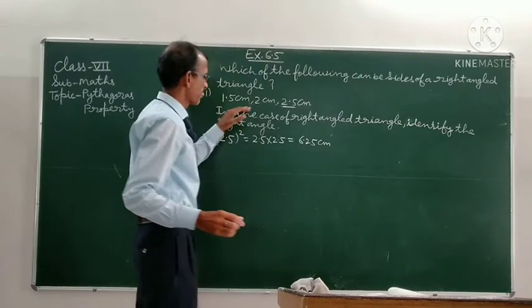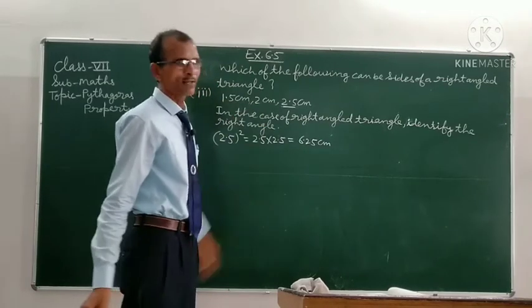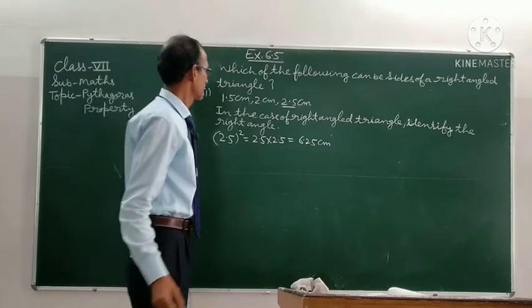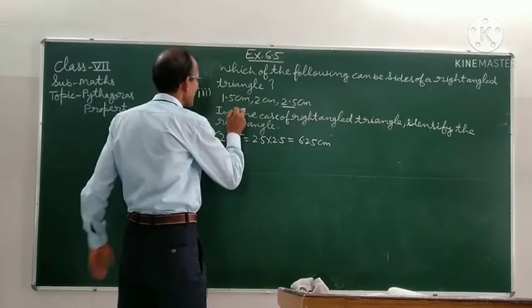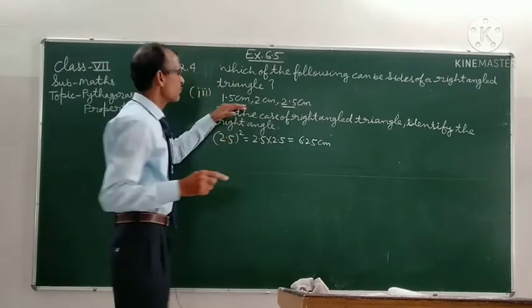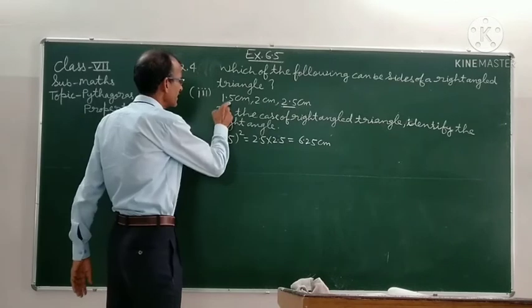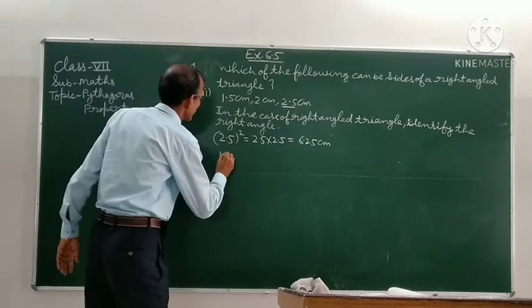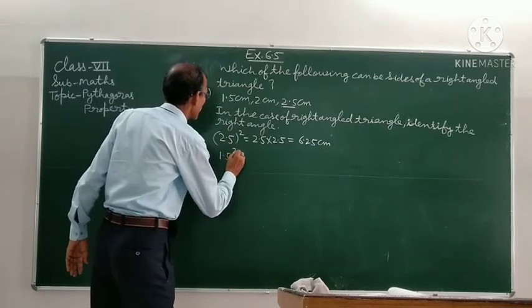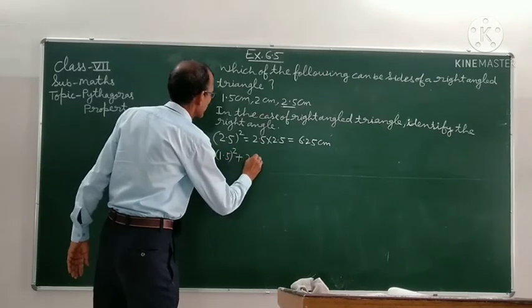Okay, and now we find the sum of square of remaining two sides. Remaining two sides are 1.5 centimeter and 2 centimeter. So we find the sum of square of 1.5 plus square of 2.